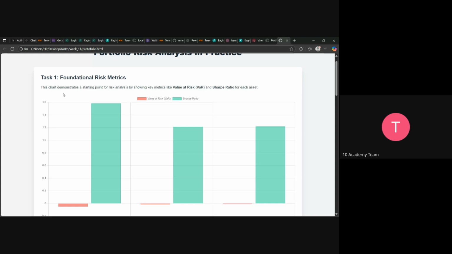The more risk or the larger the value, it is going to be a negative value. So the more risk we have, the more we can say about that company that it has more volatility.